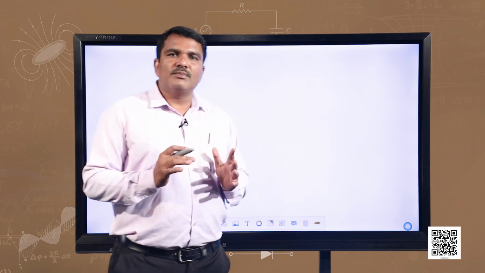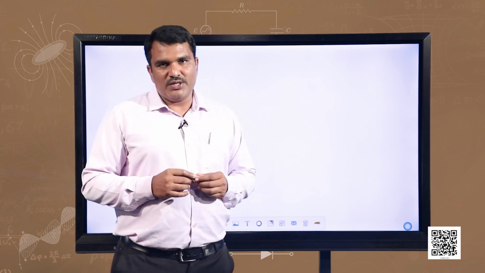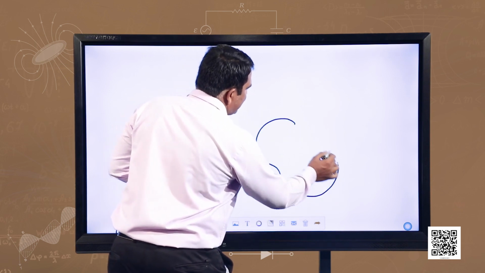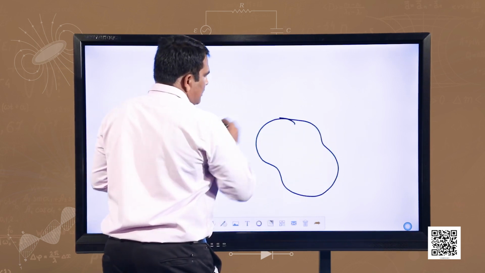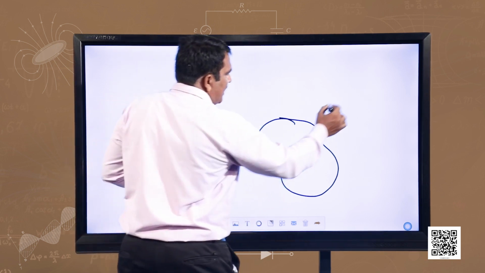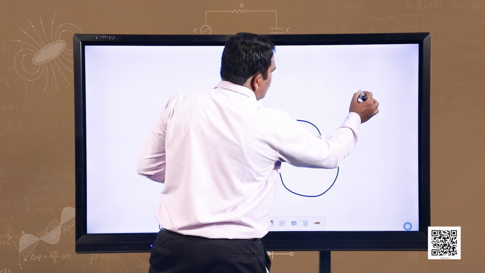Let us start from the volume charge distribution. Suppose this is any given volume containing charge and we wish to find electric field at any point P outside this volume.